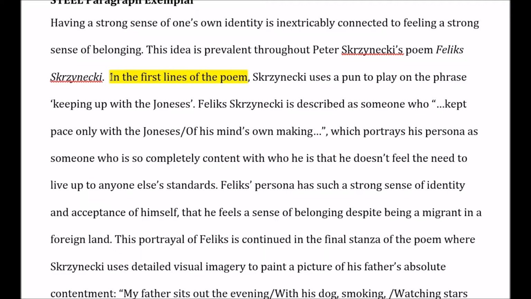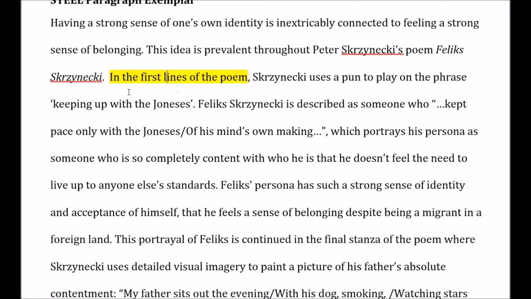I've just mentioned what part of the poem that example and that technique belongs to, so I'm giving the reader more context and information to help them understand what I'm talking about, because when you are writing an essay or a speech, you need to write with the assumption that the person reading your speech or essay doesn't know about the text that you're mentioning. If you write with this assumption in mind, then you will always make sure that you are providing enough information and context and writing clearly so that the person can understand what you're talking about.